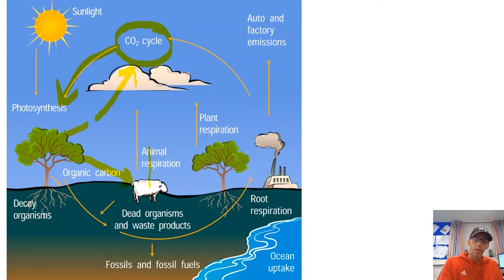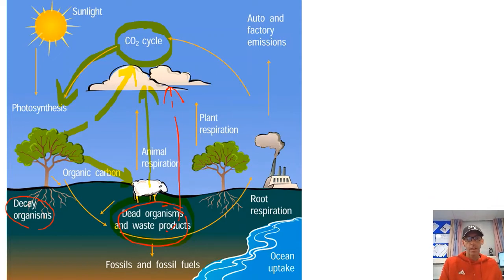Then the animal can release it by respiration, or it might end up down here in the dead organisms and their waste products, and it might be eaten by the detritivores and these decay organisms, and therefore the respiration back to the air, and the carbon goes round and round in a cycle.